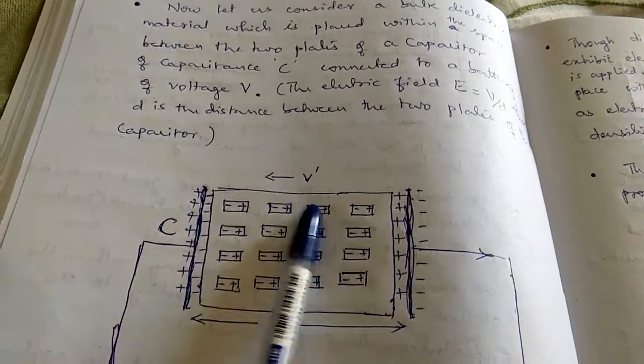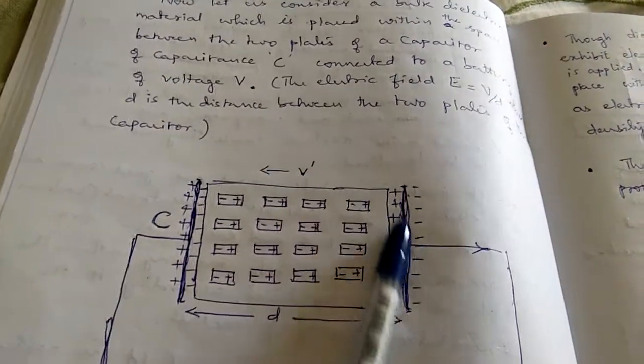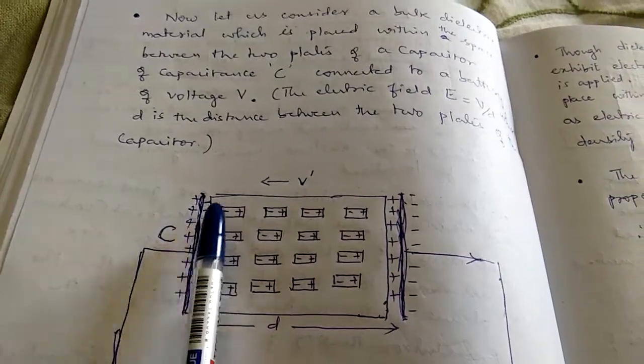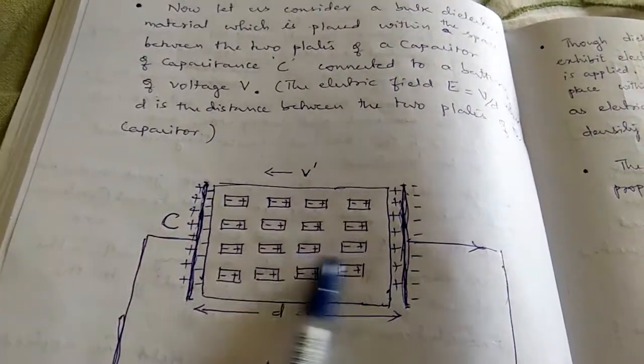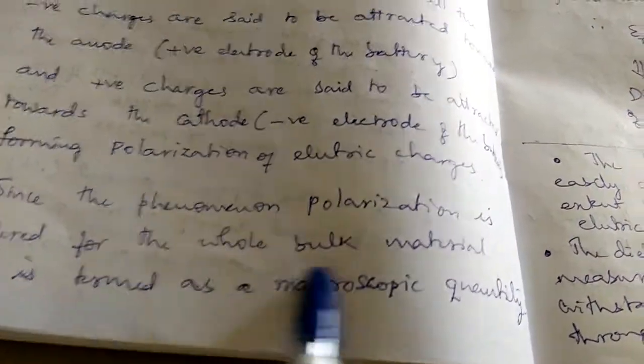This separation or displacement of charges for a bulk material is known as polarization. So polarization is considered for the whole material, hence it is known as a macroscopic quantity. Okay, the whole bulk material, it is termed as a macroscopic quantity.